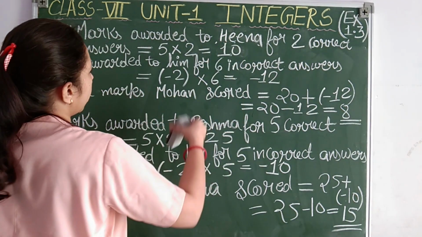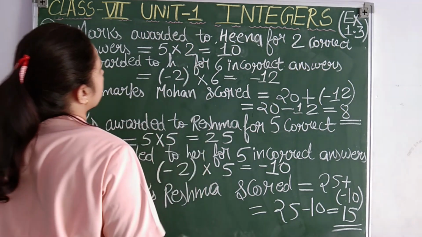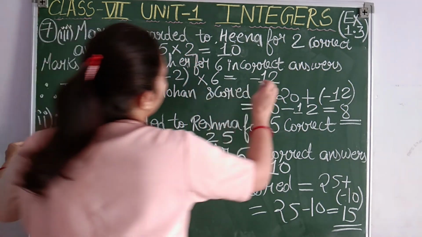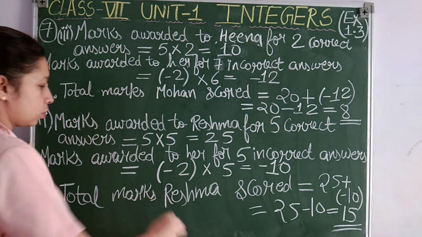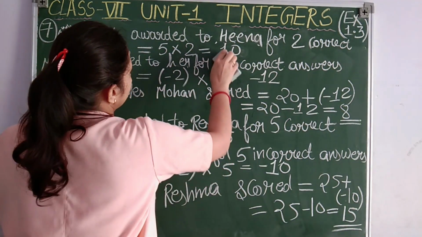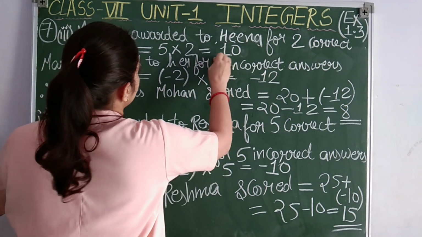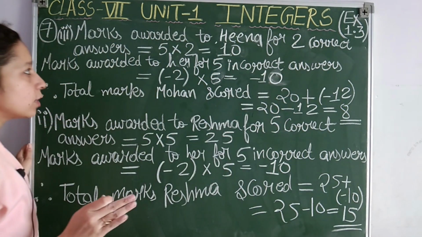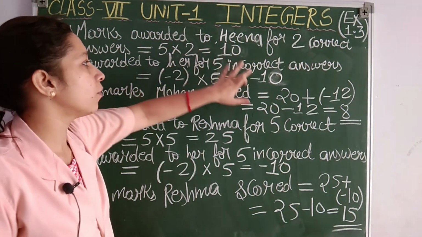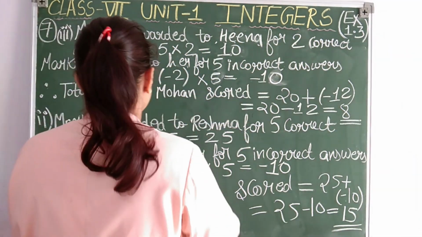Then marks awarded to her for 5 incorrect answers. Sorry, 5 incorrect answers, na? So 2 fives are, we will get minus 10. Clear, students? For correct answers she got 10. For incorrect answers she got minus 10.